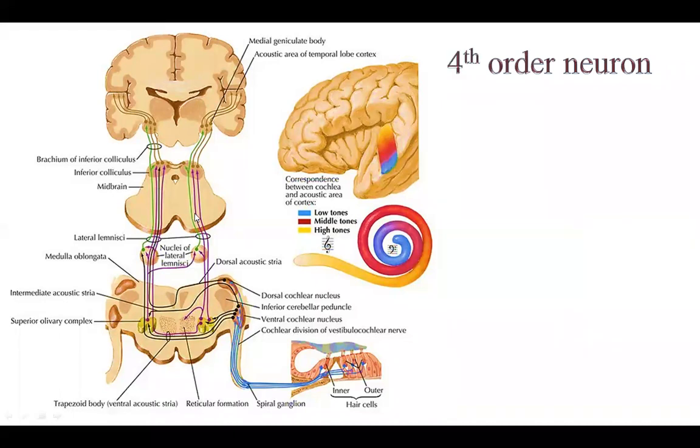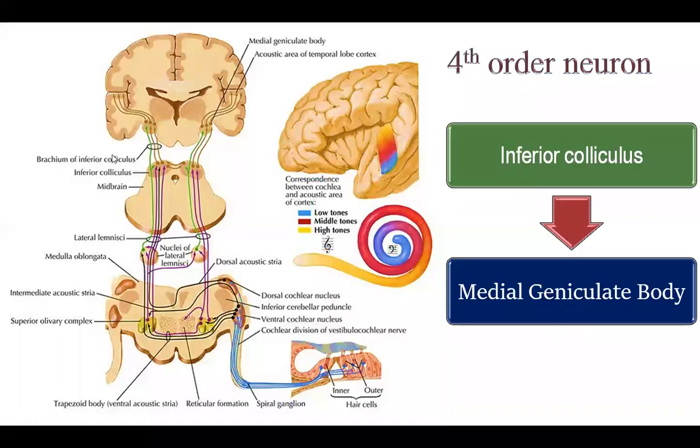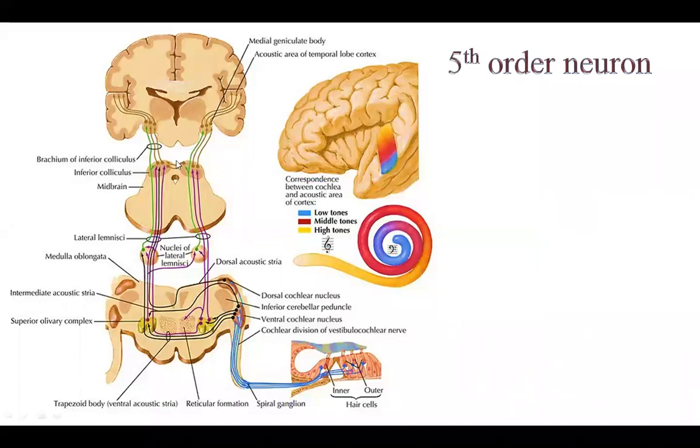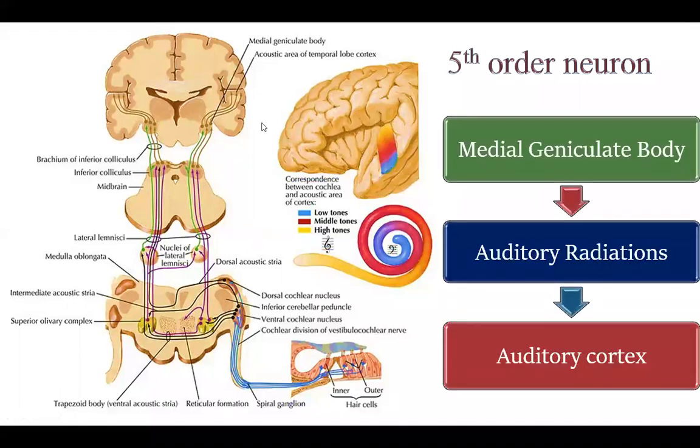Fourth order neuron: from the inferior colliculus, it will go to the medial geniculate body over here.